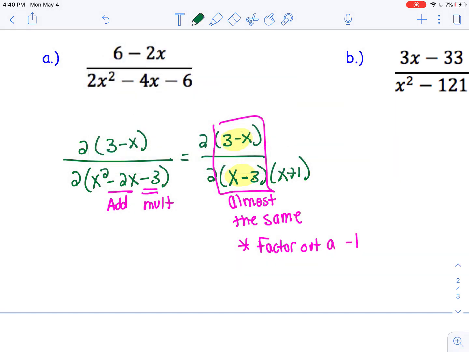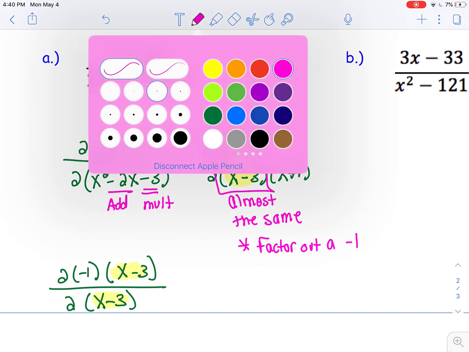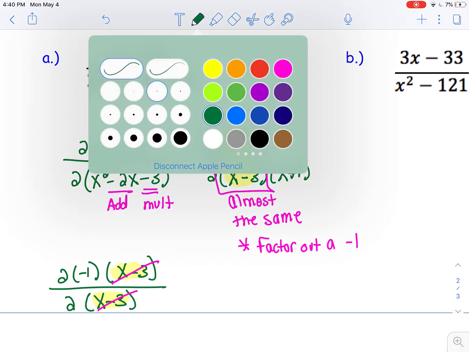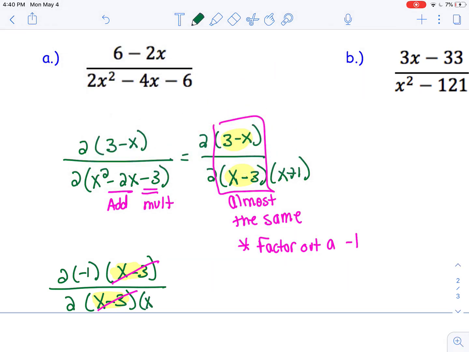If I factor a -1 out of the top, I'm going to get 2 times a -1 times x minus 3, all over 2 times x minus 3. So when I factor out a -1, that flips that around. Now we can see these are exactly the same. I can cancel these now. Oh, I forgot my x plus 1 on the bottom.